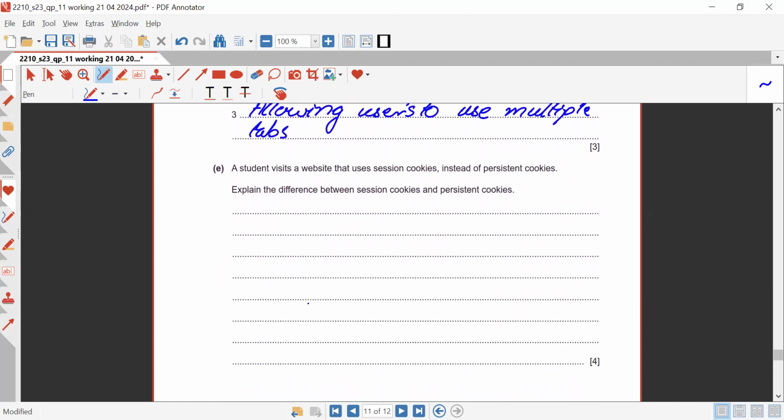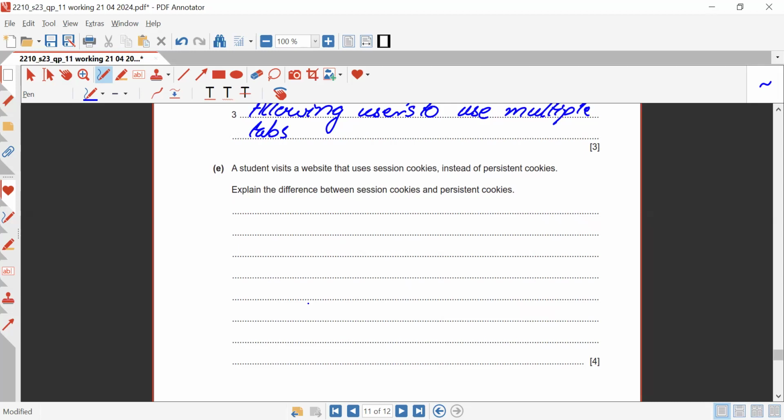Now for part E, what do they say? A student visits a website that uses session instead of persistent cookies. Session cookies means that they are temporary, persistent means permanent. Do remember that. Explain the difference between session cookies and persistent cookies.